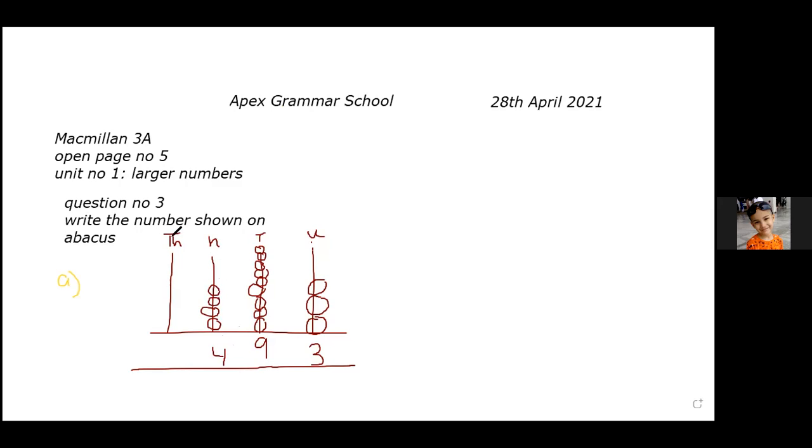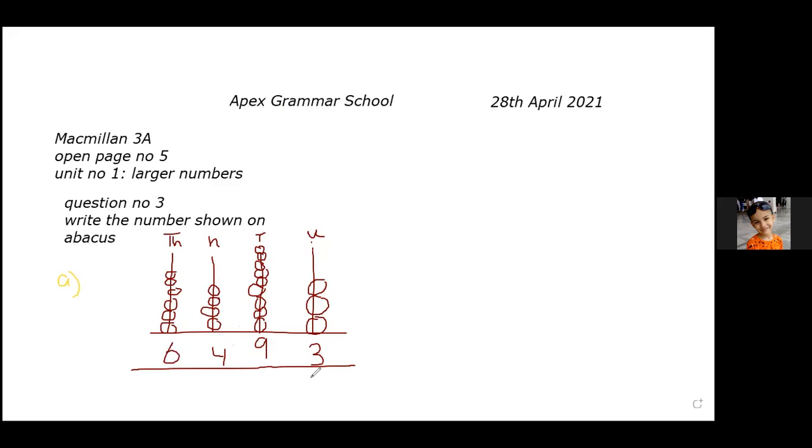And the next line shows the thousands value, and there are 6 discs. 1, 2, 3, 4, 5, and 6. And what I am writing under the thousands line is 6.